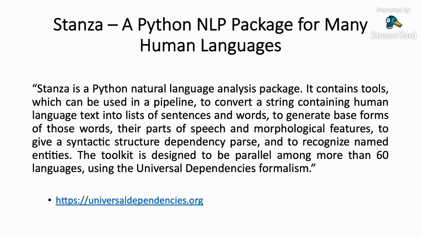And Stanza is used to convert a string containing human language text into lists of sentences and words, to generate base forms of those words, their parts of speech and morphological features, and to give a syntactic structure, dependency parses. It works at the moment for more than 60 languages, and it is compatible, this is very important, with Universal Dependencies, which provides a universal standard of annotation across human languages.